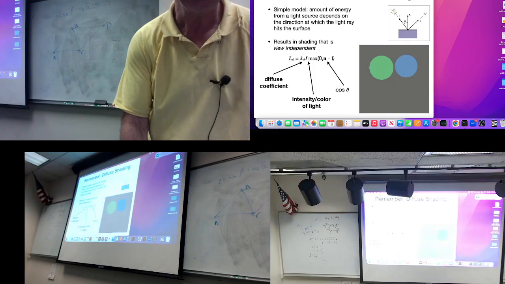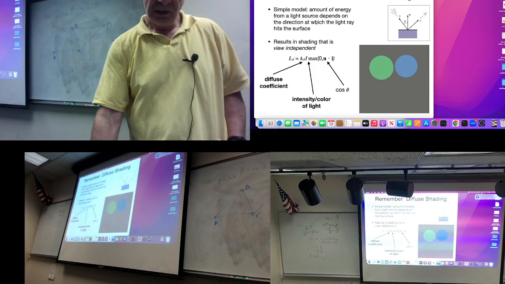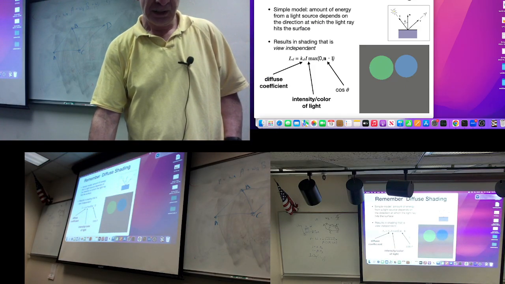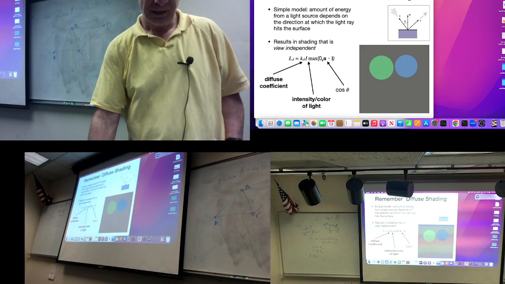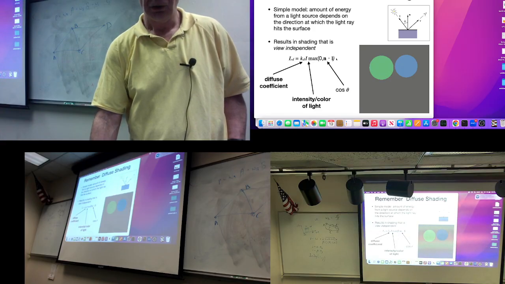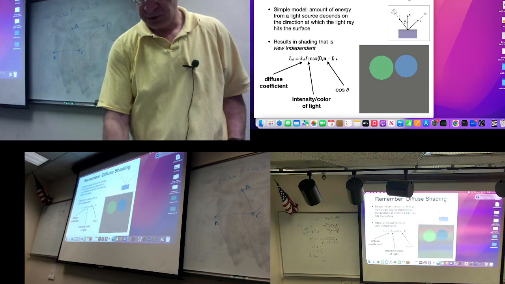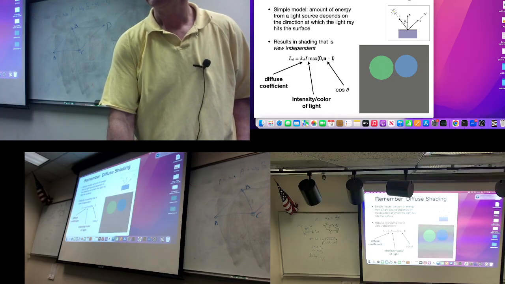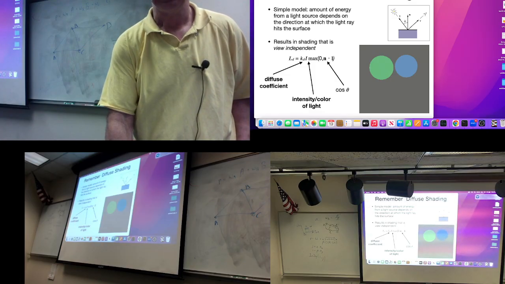Okay, and just remember the diffuse shading, we have the formula that takes the direction of the normal to the surface times the direction to the light, this cosine, this dot product between them. So we desperately need the normals to make it look less pixelized.